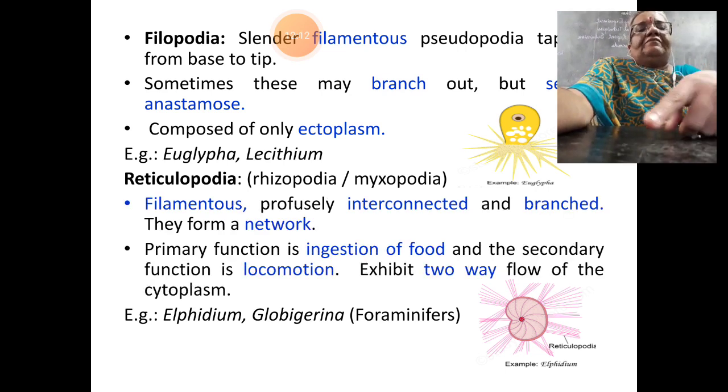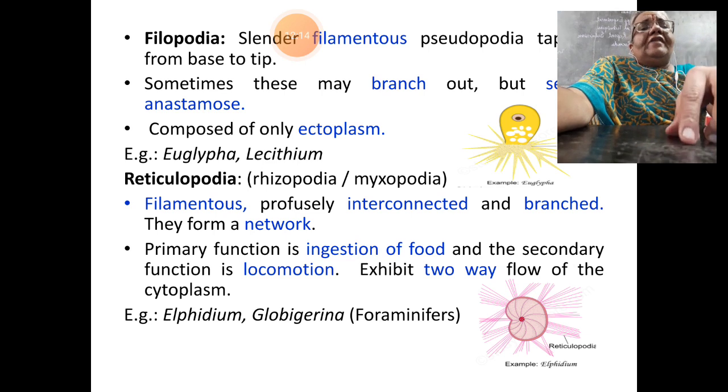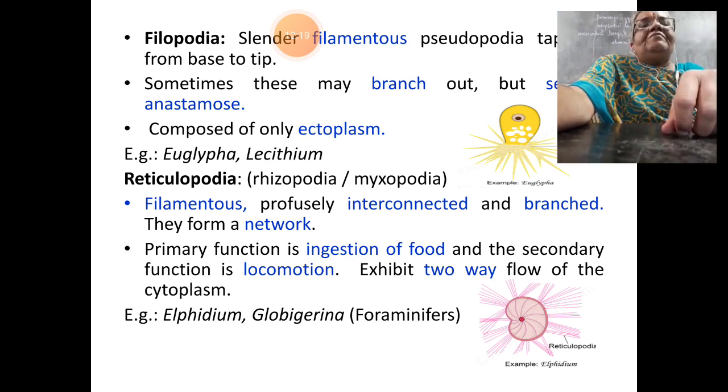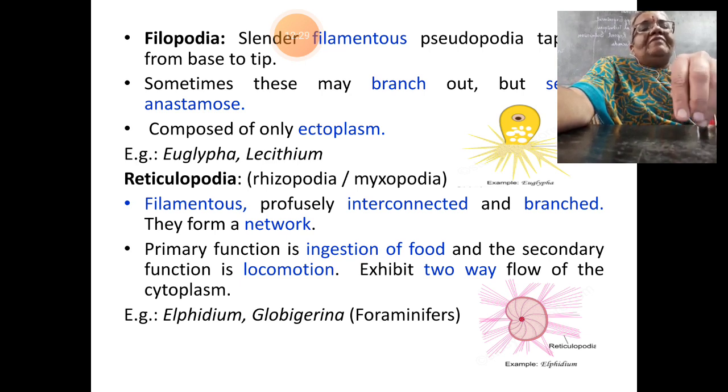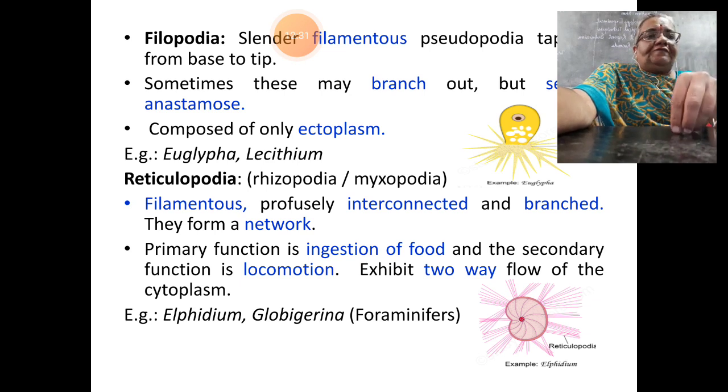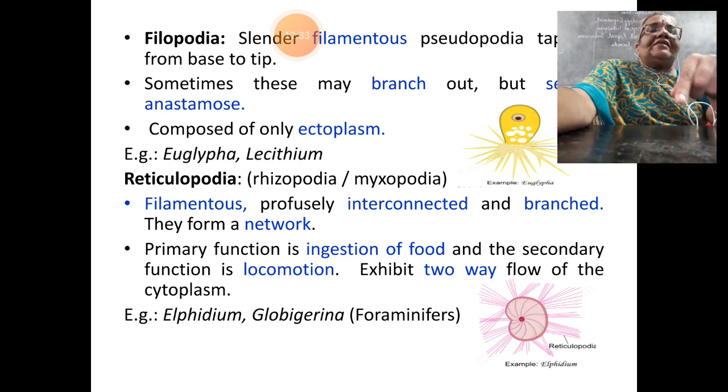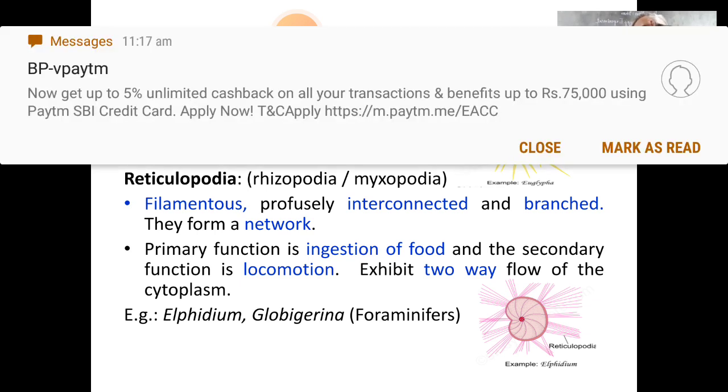They are filamentous, profusely interconnected and branched to form a sort of network, that is anastomosing structure. And please note, the primary function is ingestion of food, and the secondary function is locomotion.